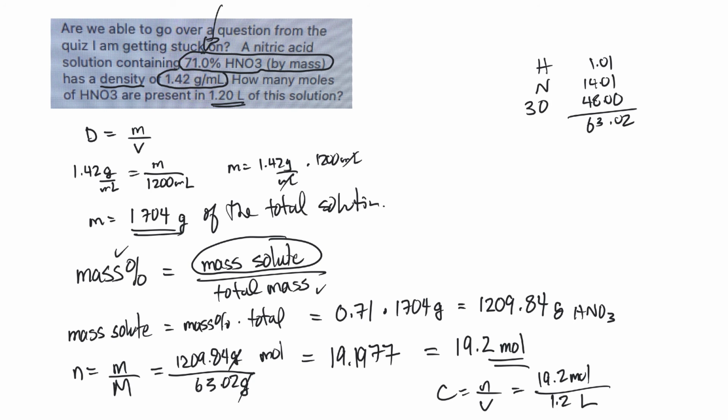Let me do my calculations again here. 1209.84 divided by 63.02. 19, yeah, that's right. Maybe I hit times. Divide 1.2. Oh, that's right. It was right. So this is 15.998 moles per liter. Doing the 3 sig figs, I think I'd have to go 16.0 molar.